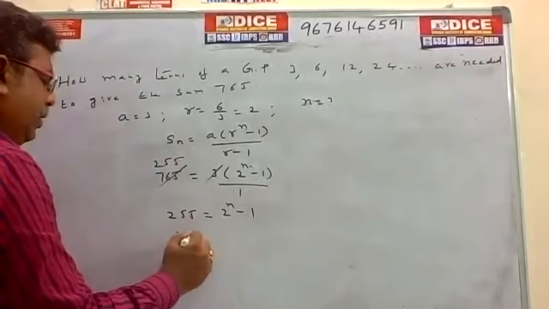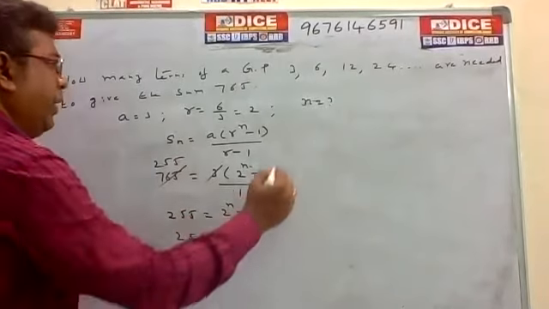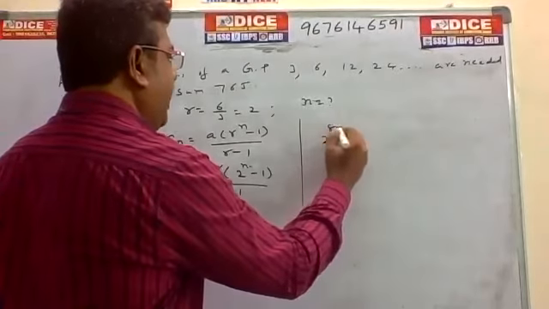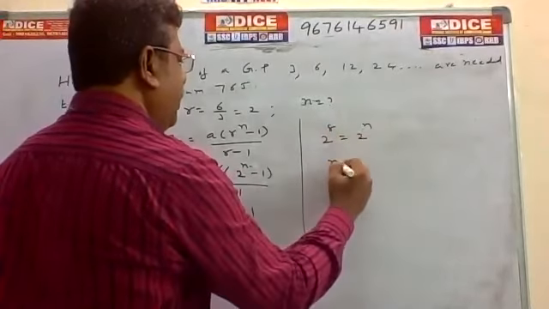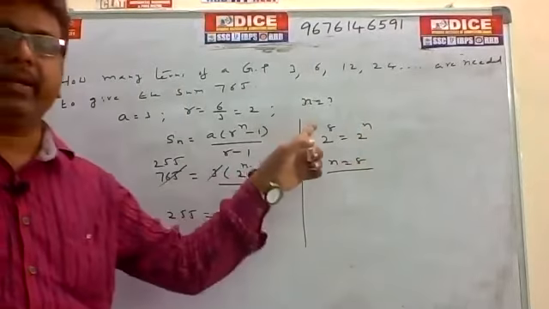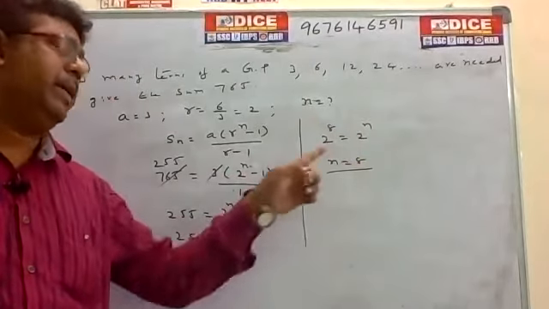Adding 1, 256 is equal to 2 to the power of n. So finally 256 means 2 to the power of 8 is equal to 2 to the power of n, so n is equal to 8.